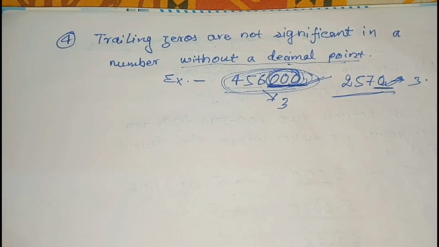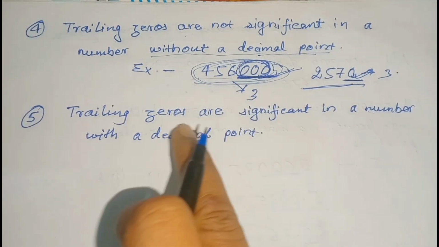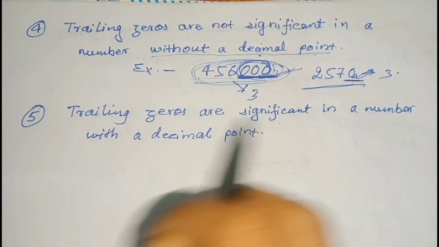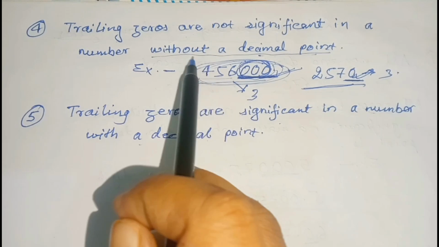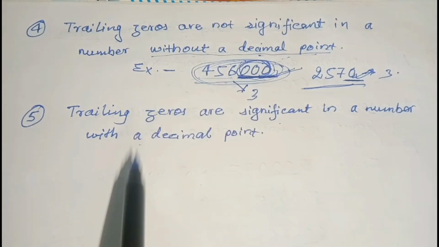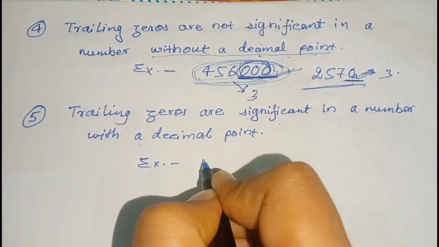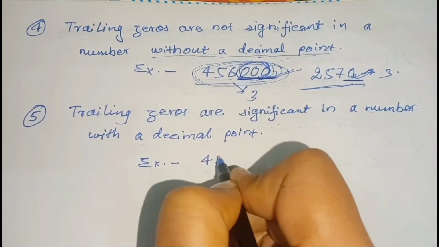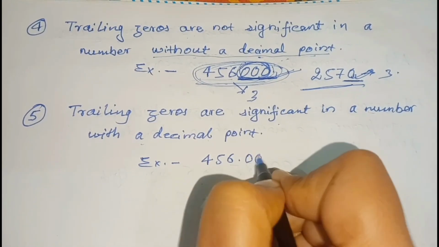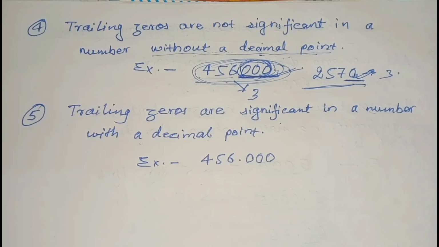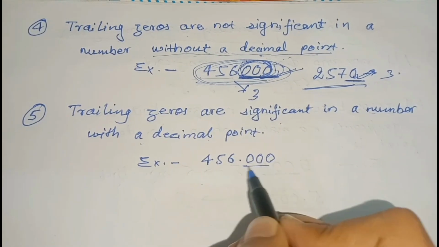Now rule number 5. Rule number 5 says that trailing zeros are significant in a number with a decimal point. Rule number 4 was without a decimal point. Now let's see an example with a decimal point. Suppose the number is 456.000. In this example we see that this has 3 trailing zeros.